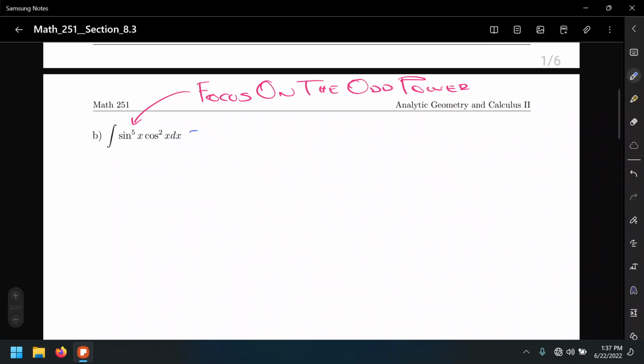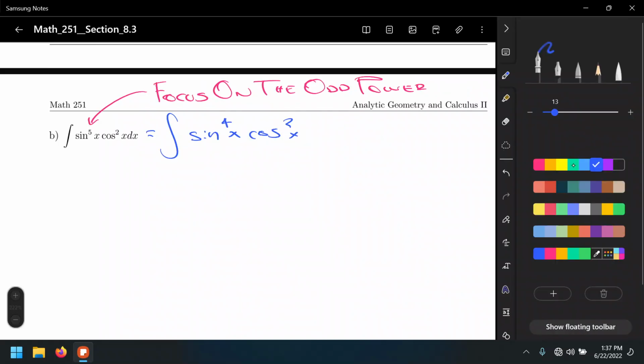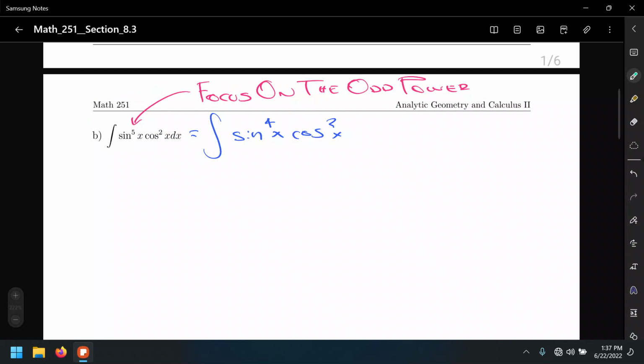Well, so this will be the integral of sine to the 4th power of x cosine squared x, and I'm going to write the power I'm saving for the u du part with a different color. All right, and then from here we will manipulate the sines. Why do we manipulate the sine?